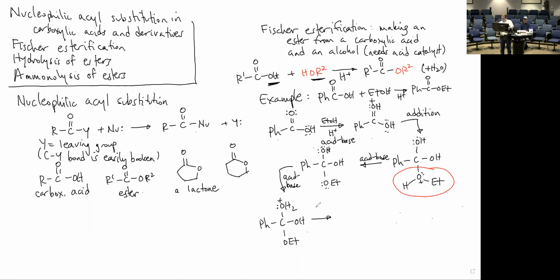At that point, you have your elimination step. And what's going to happen is we're going to lose this water molecule over here. That's going to act as our leaving group now. And by leaving group, I mean it does exactly that. It literally leaves from the molecule.